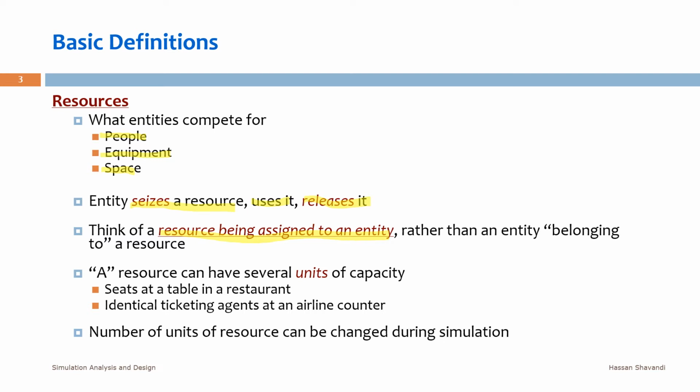Okay, so a resource can have several units of capacity, like seats at a table in a restaurant. If we have a restaurant and the capacity of the restaurant is our resource here, and we would like to have the status, what percent of the capacity is occupied by customers at any time, then in that case we need to define the seats at tables as resources.